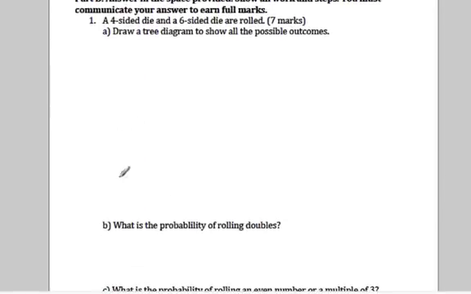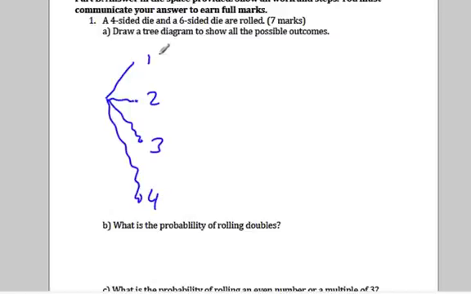Now, you're asked to draw a tree diagram here, and if you roll a 4-sided die, the outcomes are 1, 2, 3, and 4. And so for every one of these, there are then 6 possible outcomes on the 6-sided die.